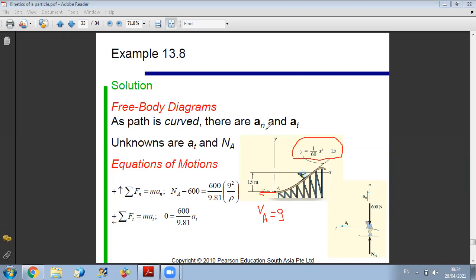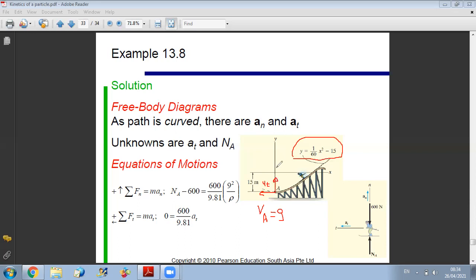Okay, so now the idea is that I will work in normal-tangential coordinates. At point A, UT is tangent to the path, and since I am at x equals 0, I will have a horizontal tangent at this location. Then UT is horizontal, and UN is perpendicular to UT, directed towards the center of curvature.